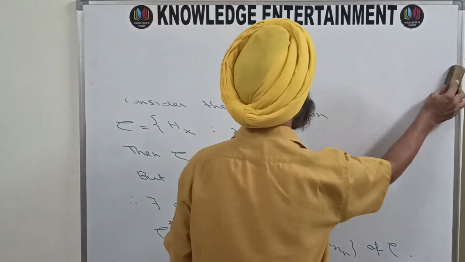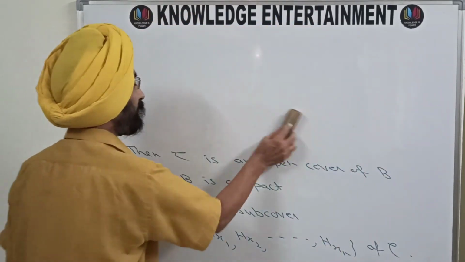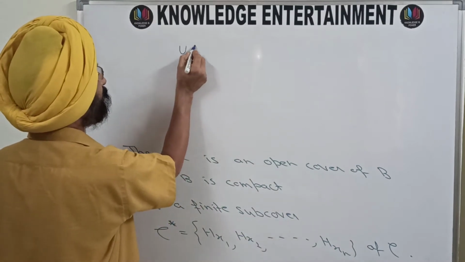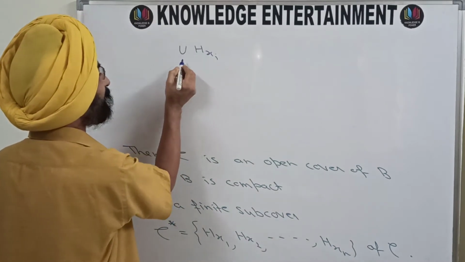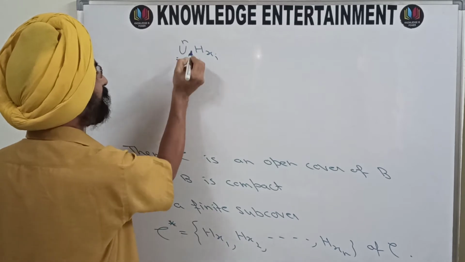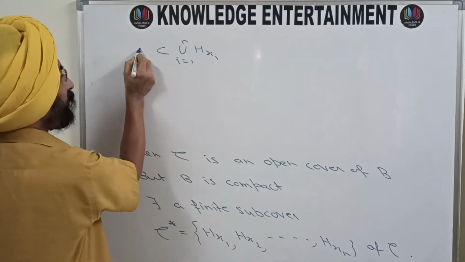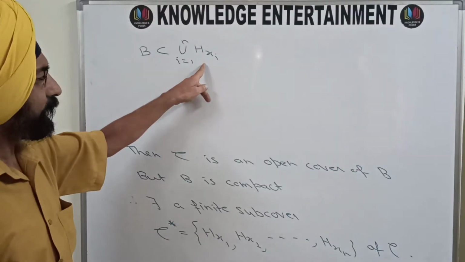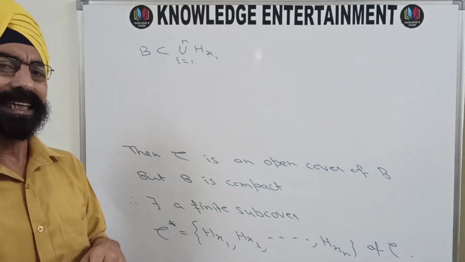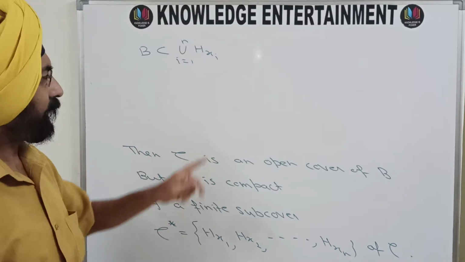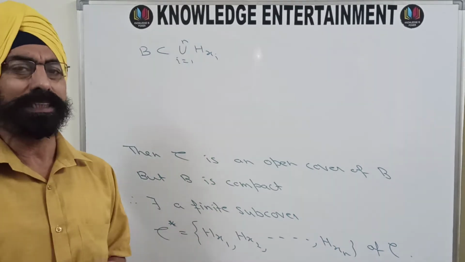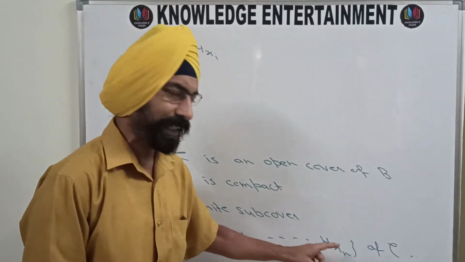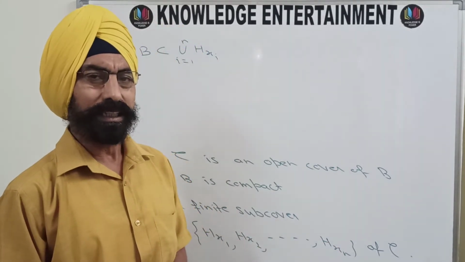So what does it mean? It means the union of these HXi's, i varying from 1 to n, will cover B. And corresponding to each HX there is a GX. So corresponding to HX1 there will be GX1, corresponding to HX2 there will be GX2, corresponding to HXN there will be GXN.